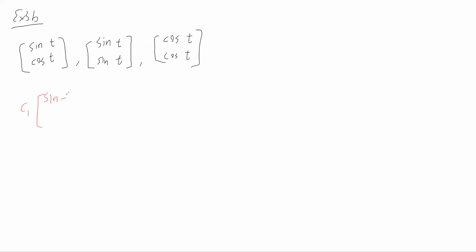All right, C1 sine t, cosine t, plus C2 sine t, sine t, and then plus C3 cosine t, cosine t. And we want them to be equal to 0. They are trig functions, and we are very familiar with trig functions.